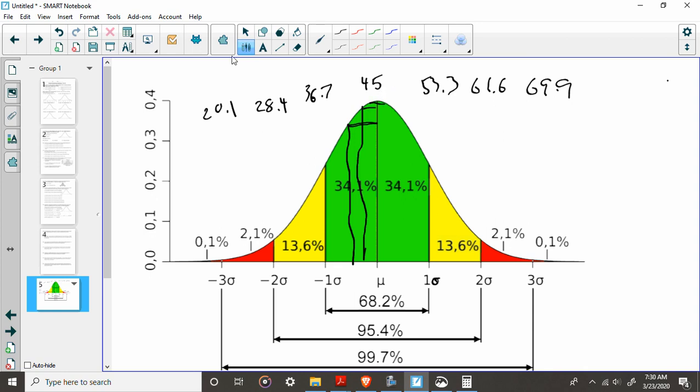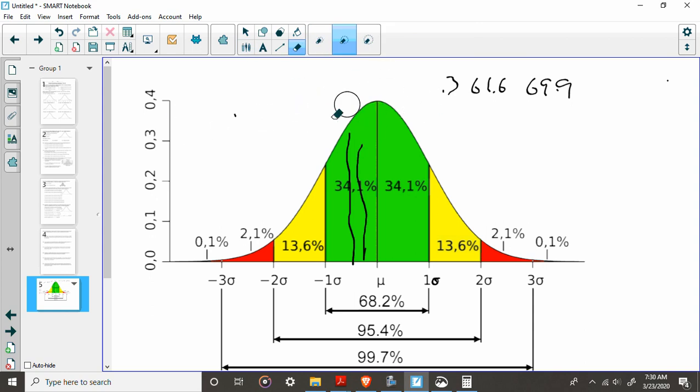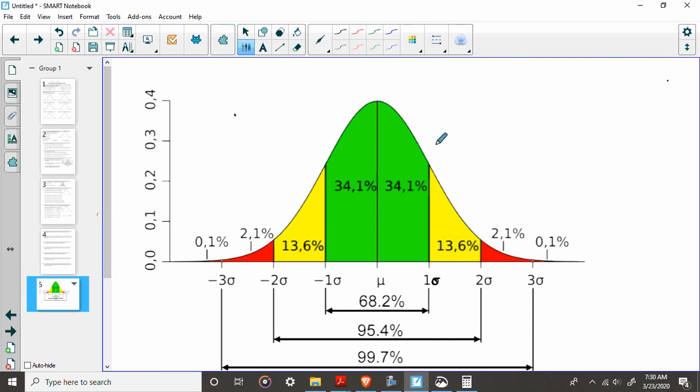So if we were talking about the height that we were beginning with, that standard deviation was 4. What if we said we want to split that in half? What if we wanted 70 inches and 72 inches here and 68 inches here?